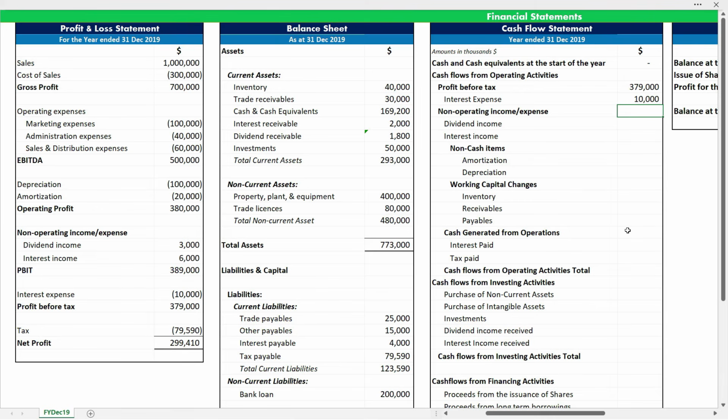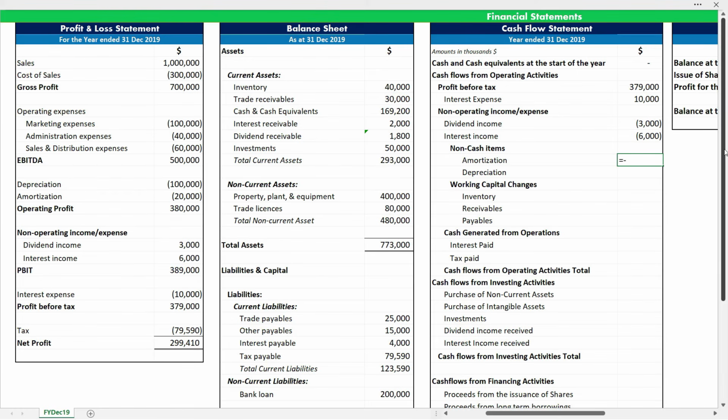So by adding a minus sign, I have made sure that the negative value of P&L is now appearing as a positive value. Next we have dividend income, again equals and then minus sign to change the original sign, and then dividend income here is 3,000. Similarly for interest income, again a minus sign and then going back here, and you can see both of these values have been presented here with opposite sign.